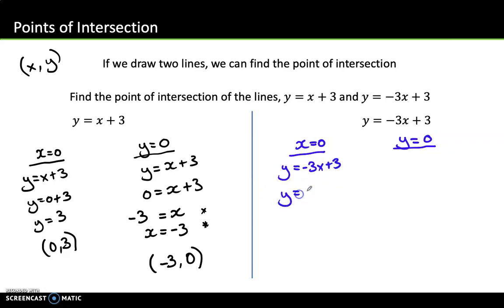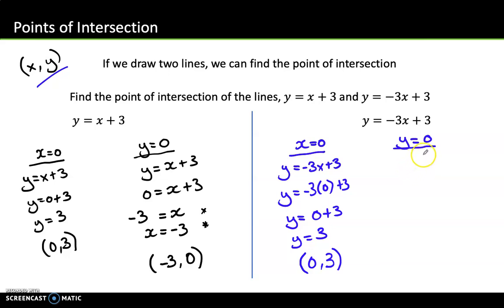So y is equal to minus 3 times 0 plus 3. So any number multiplied by 0 is just going to be 0. So y equals 3. So my point then, remember it's x, y, so it's going to be like this. X is equal to 0, so 0 goes here. Y is equal to 3, so 3 goes there.